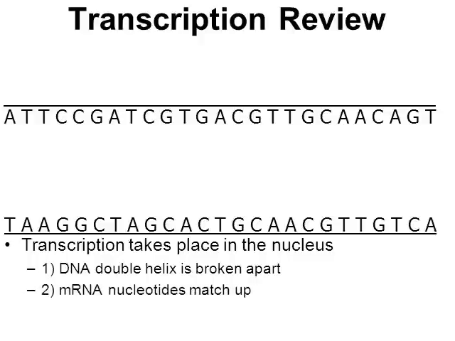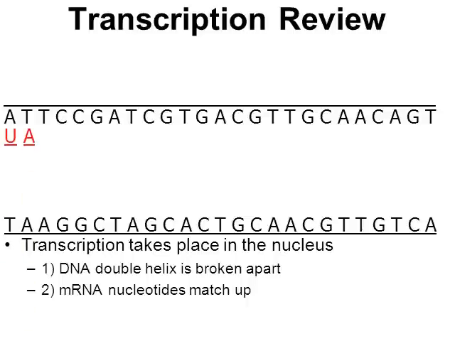If you recall from the video that you may have watched earlier, what happens next in transcription is that the messenger RNA nucleotides will match with the DNA. So look at the black letters on top, the A, the T, the T, the C, the C, the G on top.